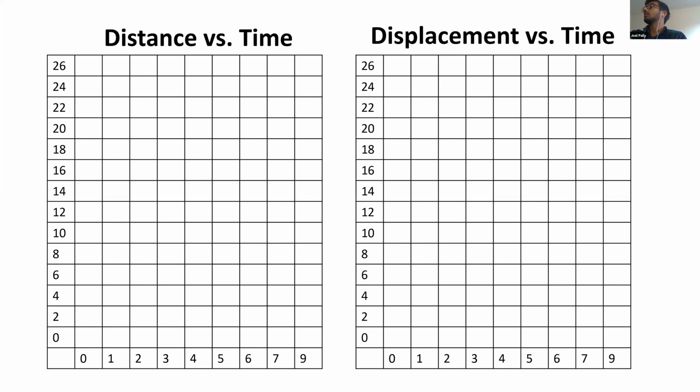Use my little annotating tool here. So we're up to 7. And then in the second minute, we go down to the 5th floor. For distance, we have to think about the fact that they're traveling more, even though they're going down.